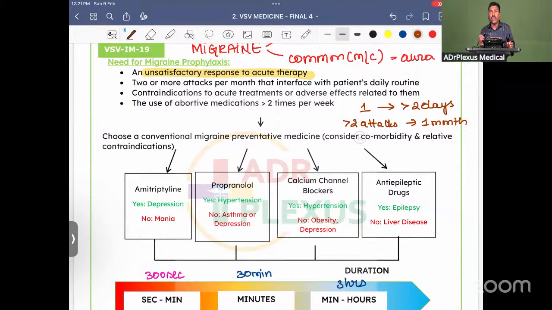Okay, then you will go for prophylaxis. We have a lot of drugs, so you can remember A, B, C, D.